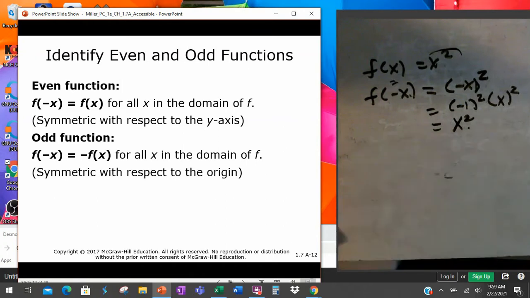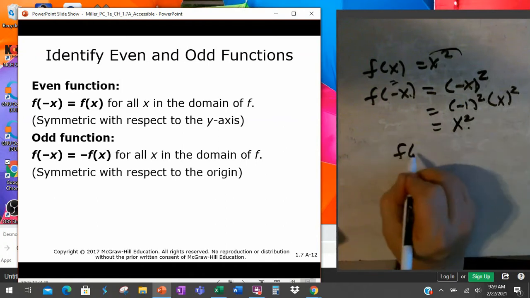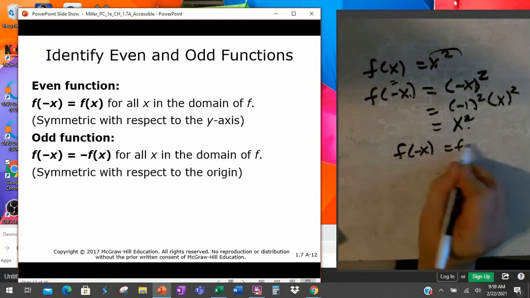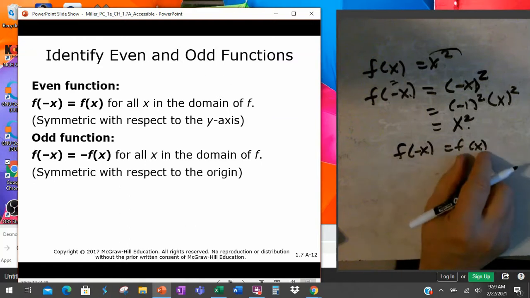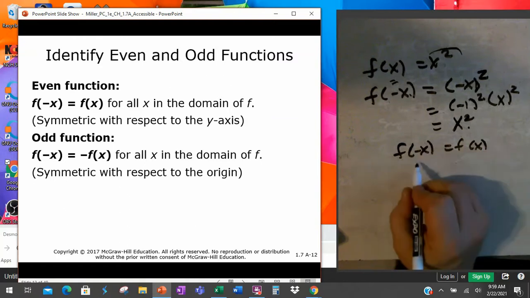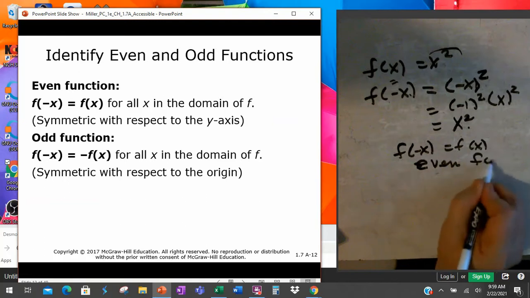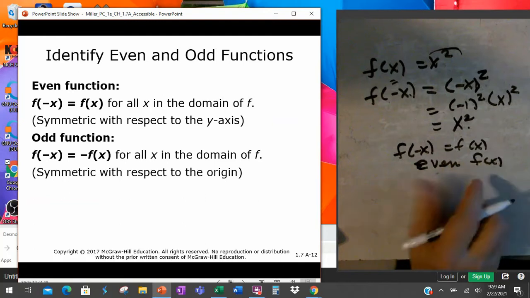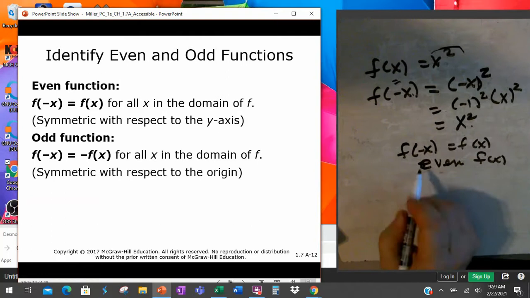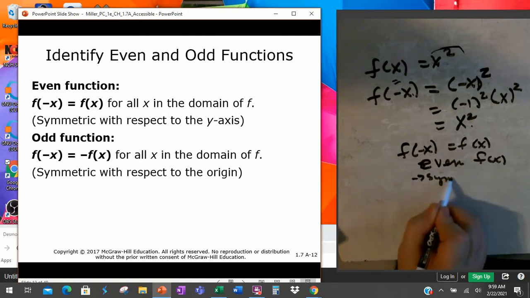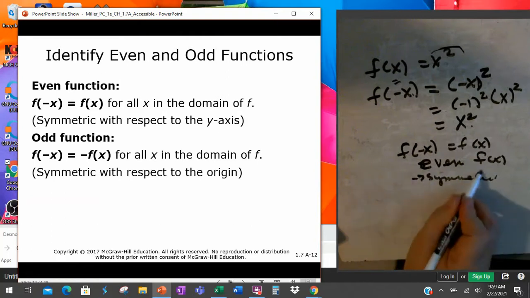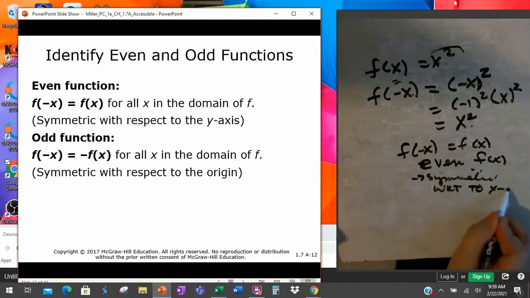When f of negative x turns out to be the very same thing as f of positive x, this is called an even function. Even functions are symmetric with respect to the y-axis.